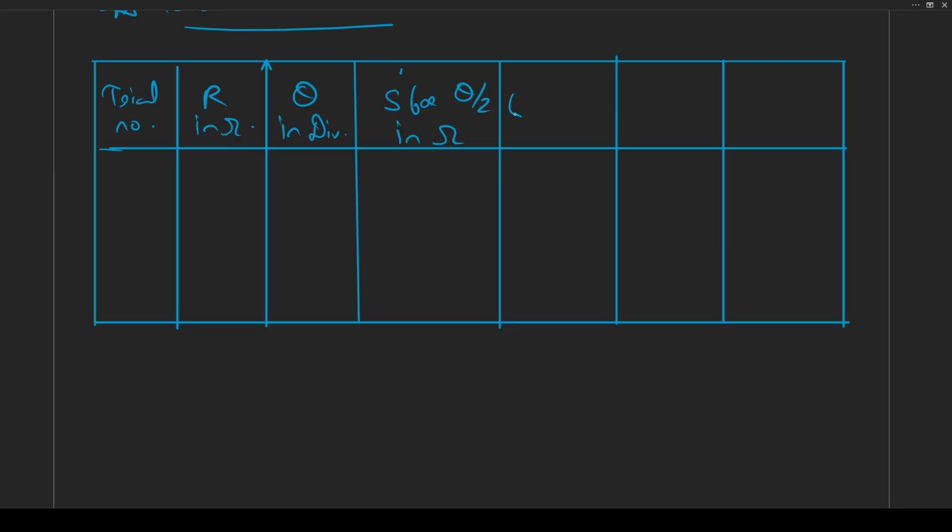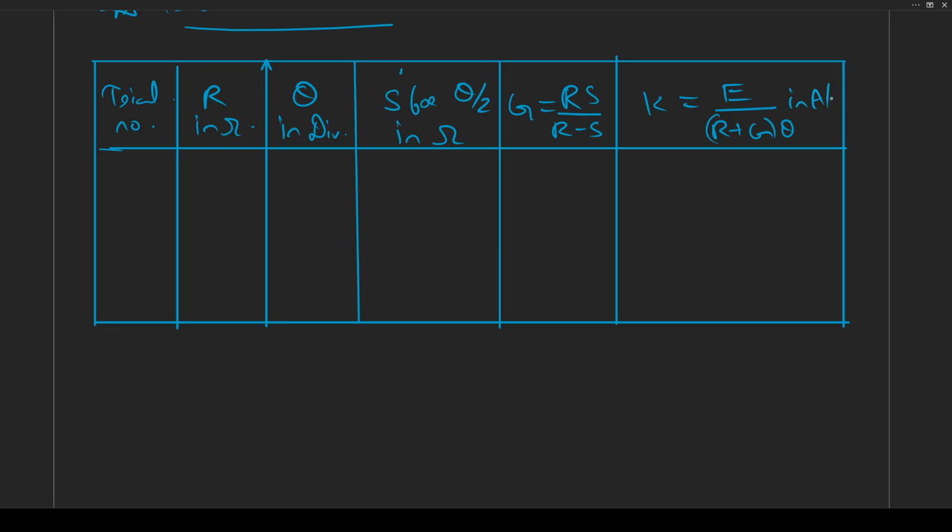Now we calculate galvanometer resistance. The formula for calculating galvanometer resistance is RS by R minus S. And finally, the K value, which is equal to E by R plus G theta.